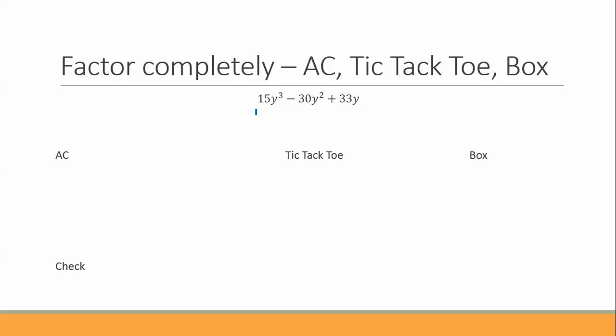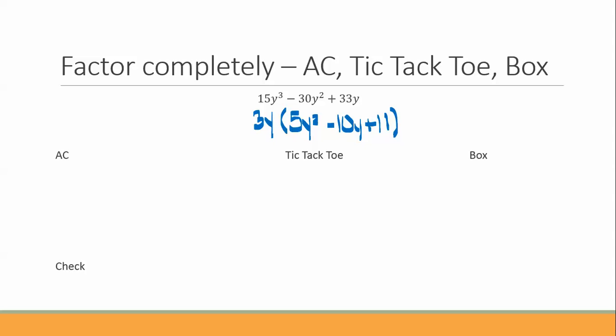So we're going to factor out a 3y, and that will be 5y squared minus 10y plus 11 is what we're actually going to factor. The 5y squared minus 10y plus 11 is what we're going to factor using the AC method and the tic-tac-toe method. The 3y will keep along for the ride.